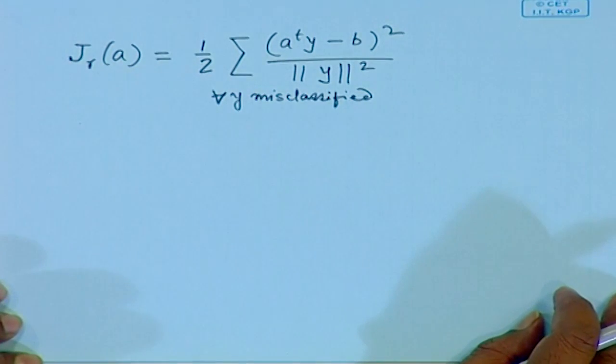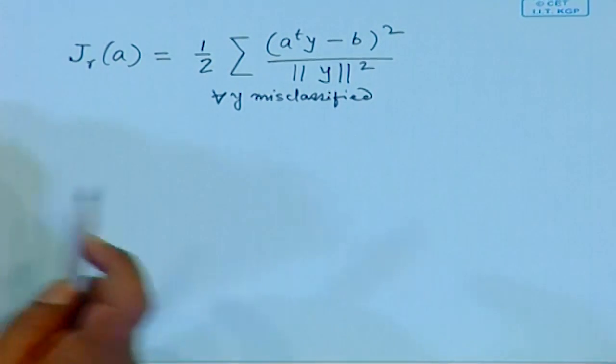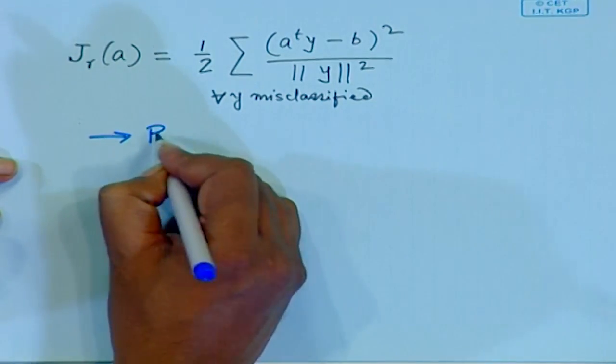This is another criteria function that can be used for getting a proper weight vector A, and this has to be minimized, of course, and this is a criteria function which is called relaxation criteria.